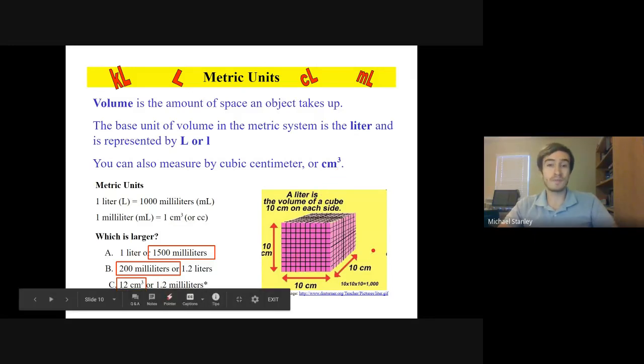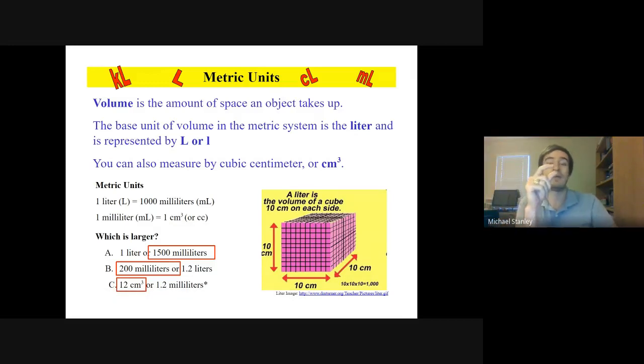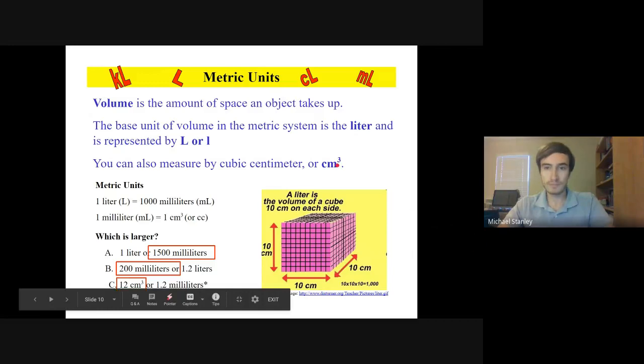And it just means that if you have a tiny little block that's 1 centimeter long on each side, that would be a single cubic centimeter. So if we had something, for example, that was a big block that was 10 centimeters tall by 10 centimeters wide by 10 centimeters deep, then we would say that it is 1,000 cubic centimeters, because those are the dimensions of this box that we had.